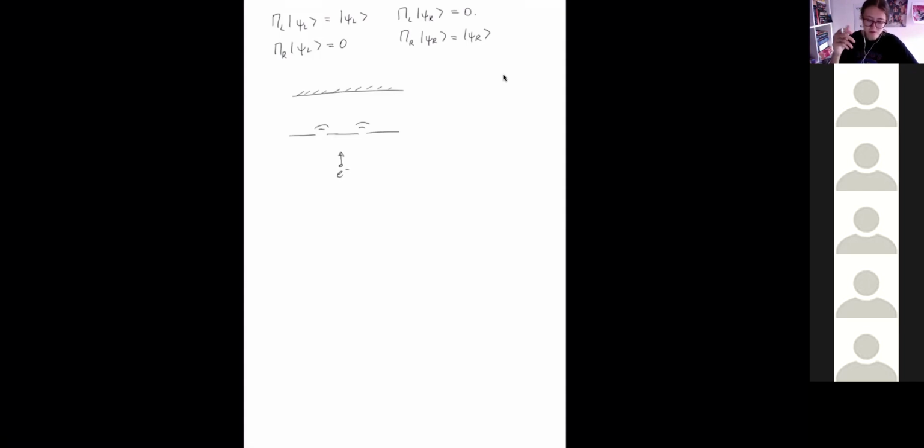However, what we can also do is, right before the wave gets to the screen, we can try to measure. We can ask ourselves, did the particle go through the right slit or through the left slit? And for this, we need to place some particle on the right side. We call it S.